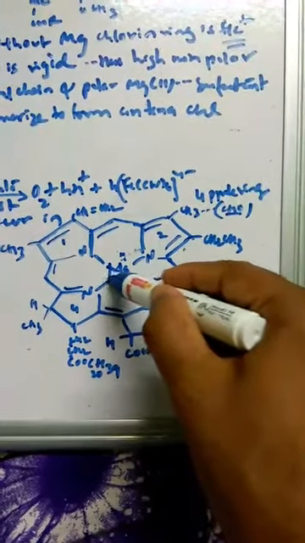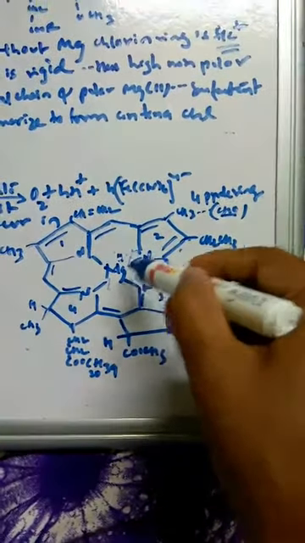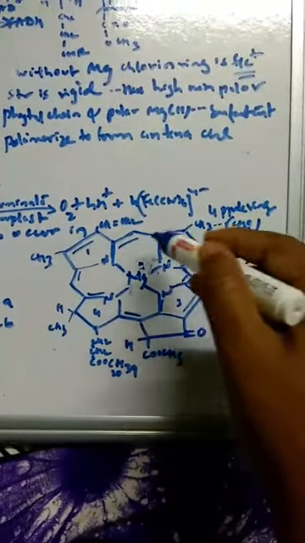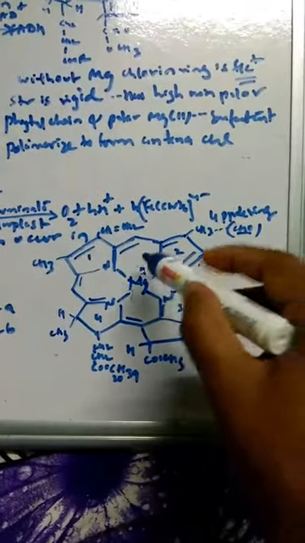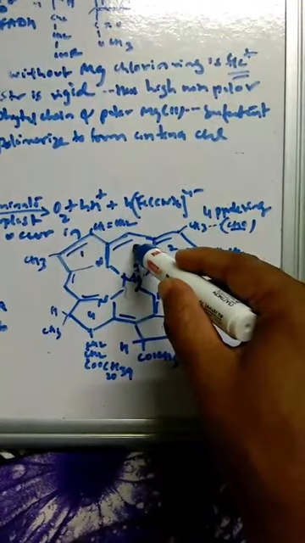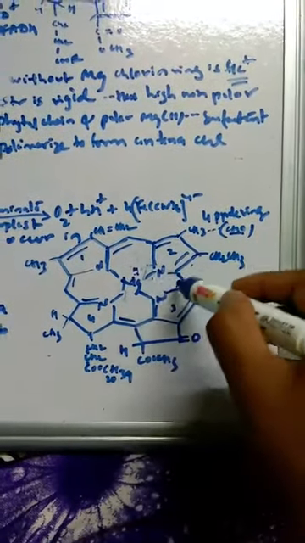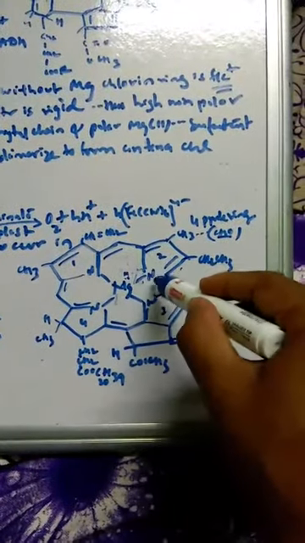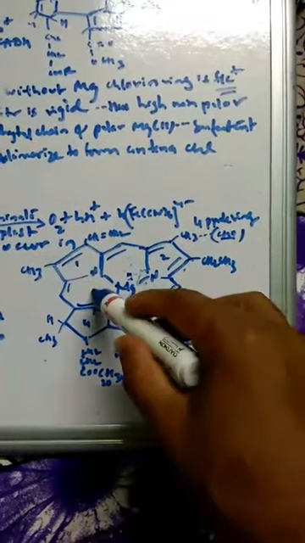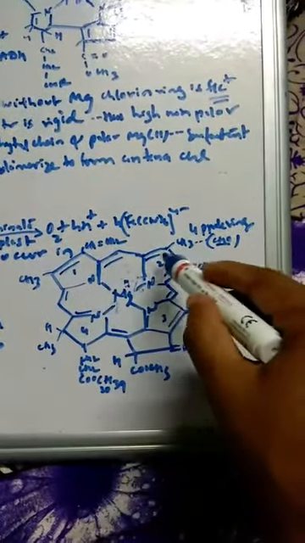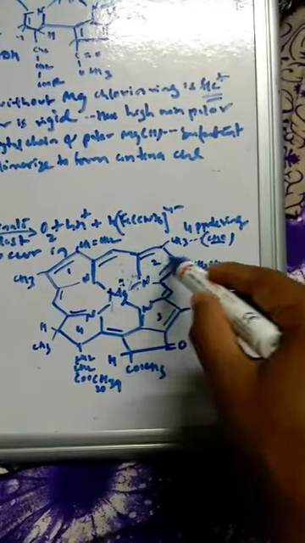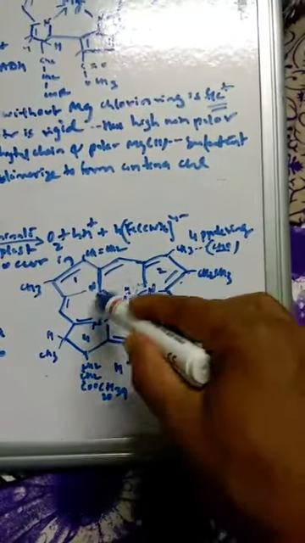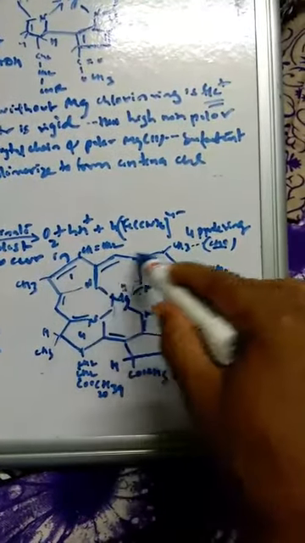Here nitrogen is bonded, donating electrons to magnesium. So there are hexagonal 6-sided rings and pentagonal rings: 4 pyrrole rings, with 6-membered and 5-membered rings.